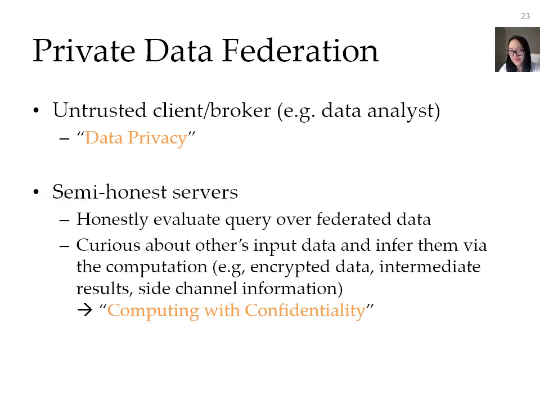How about data owners? We assume the data owners here are semi-honest. They will honestly evaluate the query over the federated data, but they're also curious about other data owners' inputs and aim to infer them from their computation, such as by observing encrypted data, intermediate results, or side channel information. To guard against this information leakage, we define a privacy requirement named computing with confidentiality.